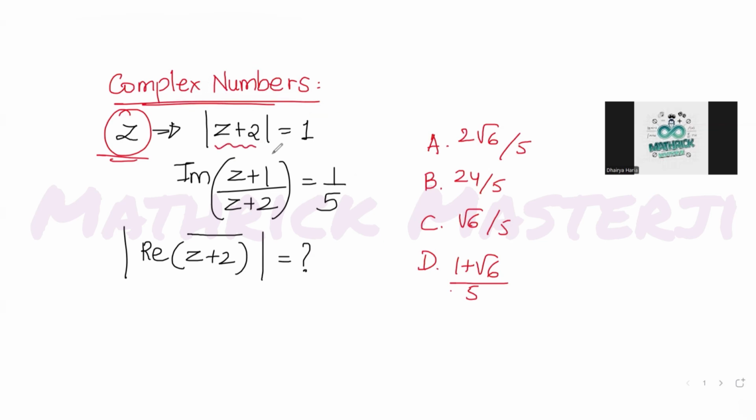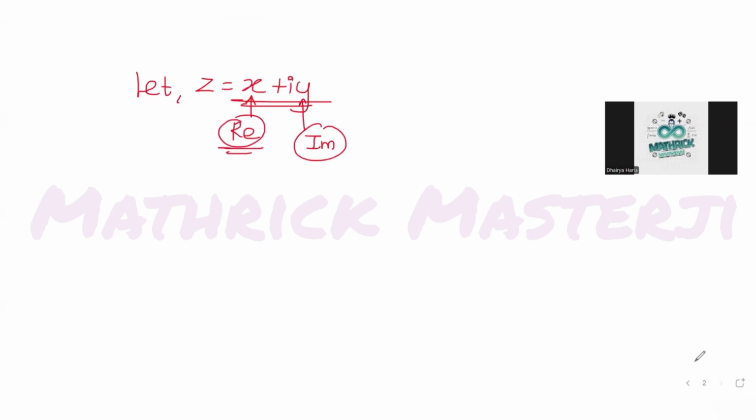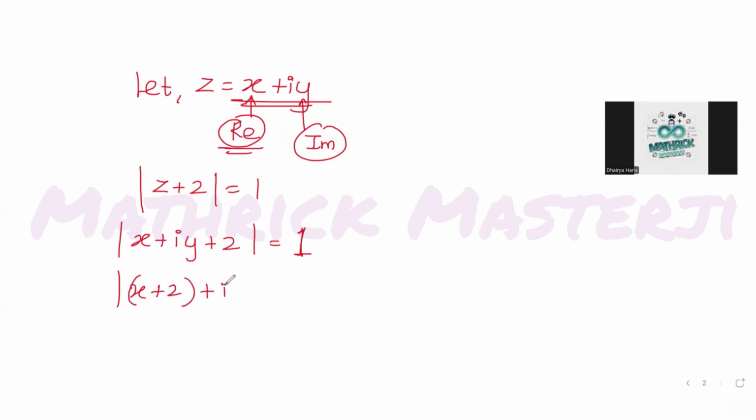The first one says the modulus of z plus 2 is equal to 1. That can be written as the modulus of x plus iy plus 2 is equal to 1. That gives me the modulus of (x plus 2) plus iy is equal to 1.